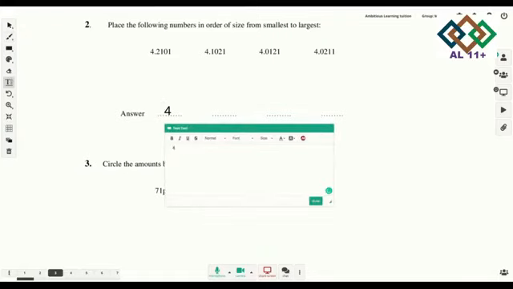It should be 4.0121 for the first one. The next one would be 4.0211. Then it will be 4.1021. The next one would be 4.2101.